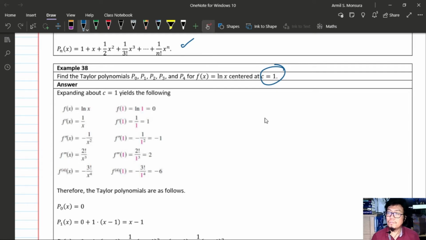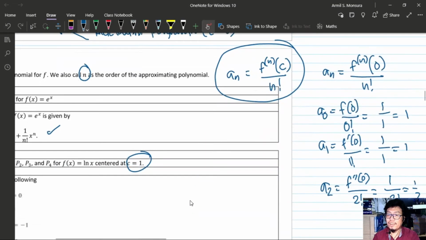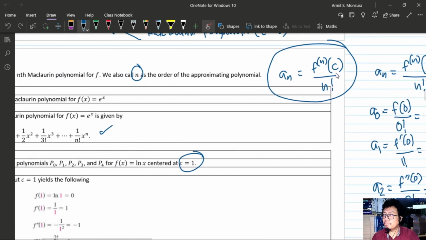So we start off with this, which will be your general formula for your nth order Taylor polynomial.